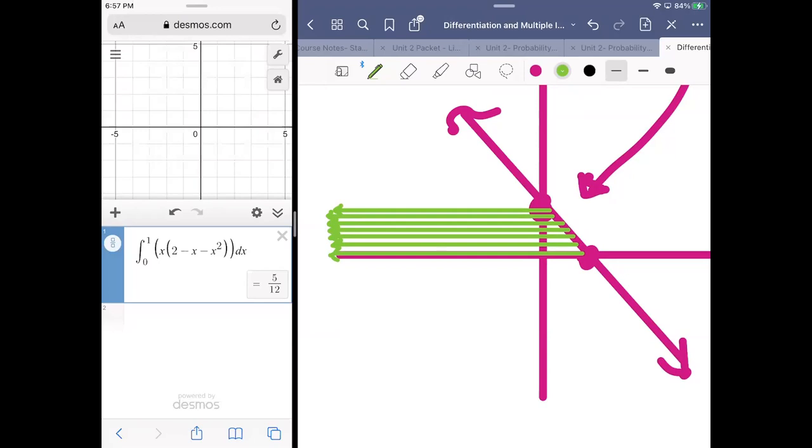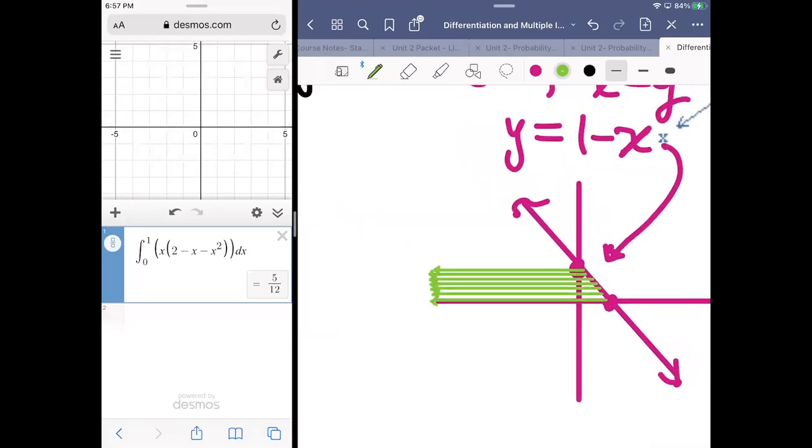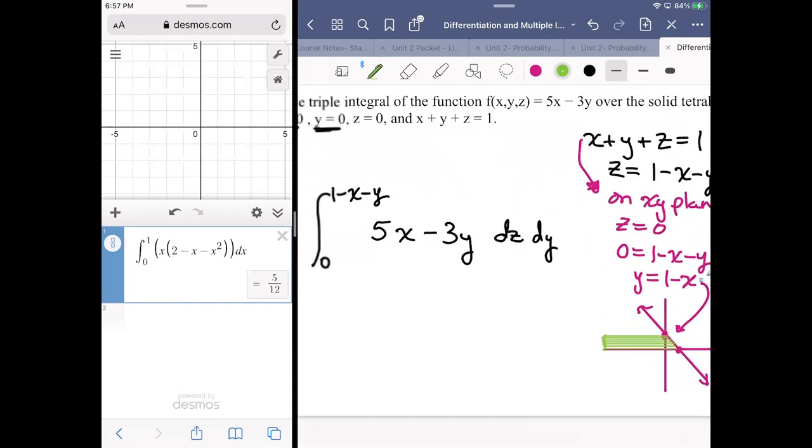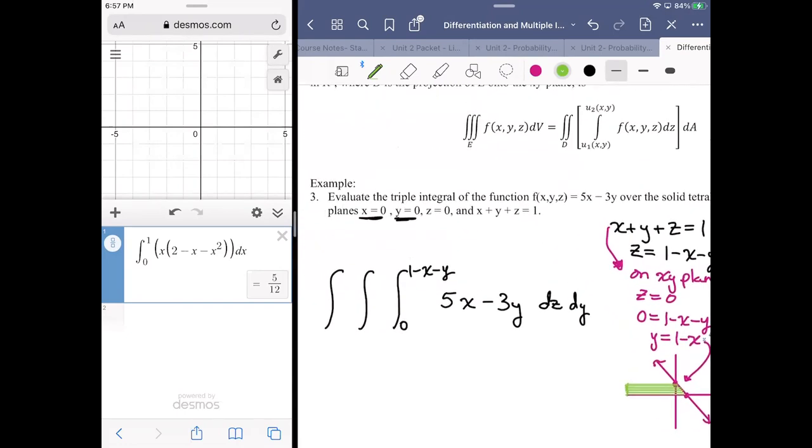That's fine, but that's going to give me an infinite amount of area that I don't need. But that's one set of bounds that I have accounted for now. I can say that I'm going from y equals 0 to y equals 1 minus x. And I'm just going to try to give myself a little bit more room.